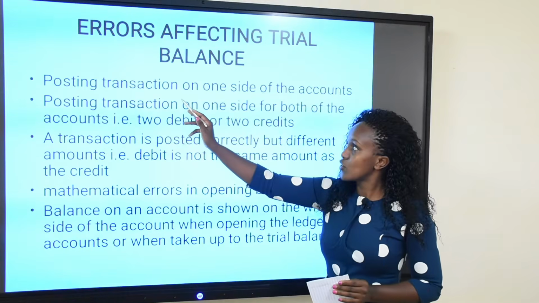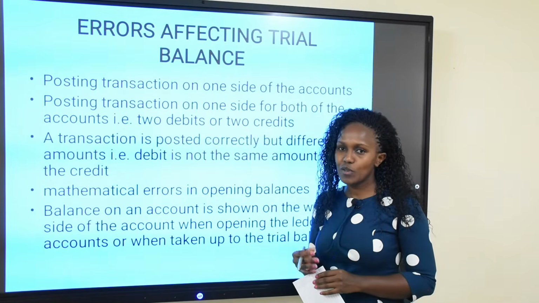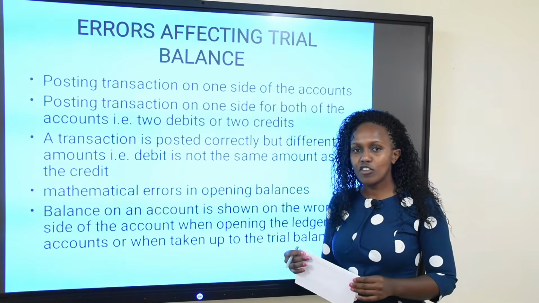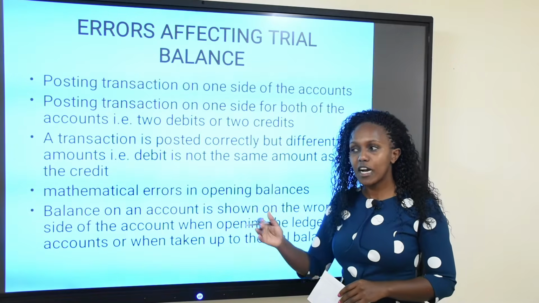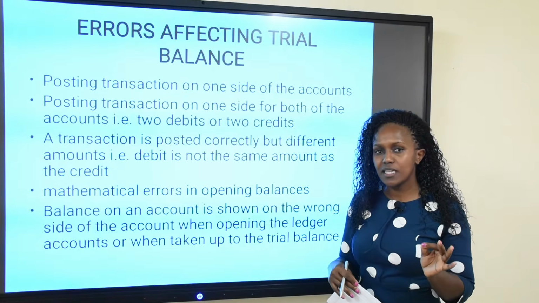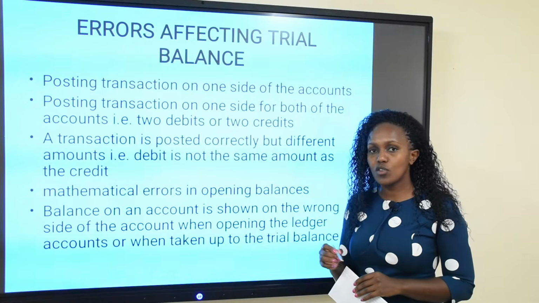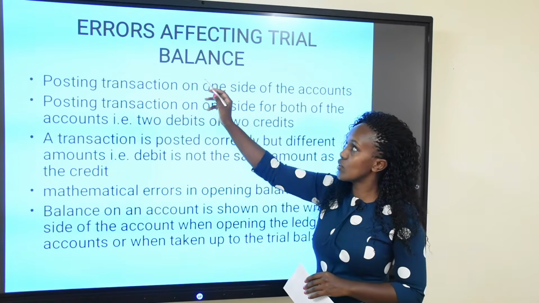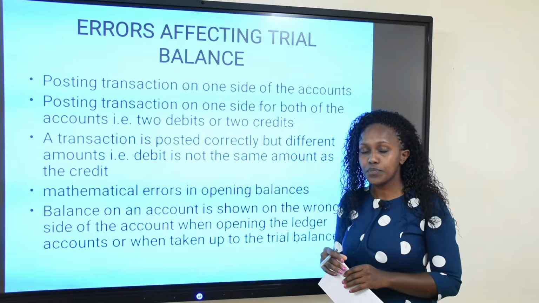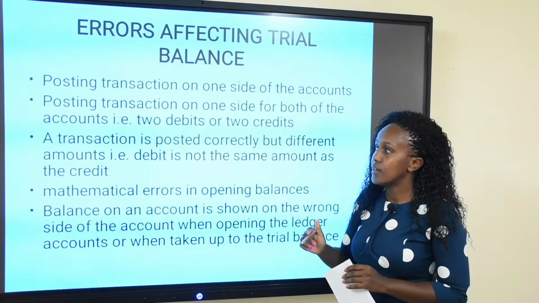That is a transaction that has been posted on one side of the account. You are quick to go to the cash book and credit, but to the item bought, like purchases, you do not debit. That is a posting of a transaction on one side, and it is going to result in a misbalance of the trial balance.